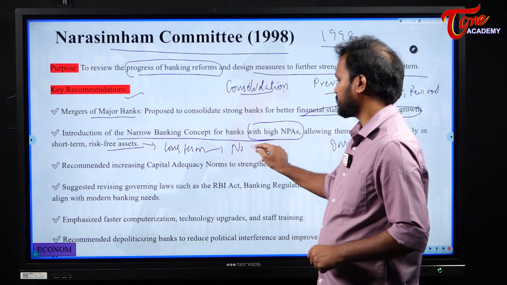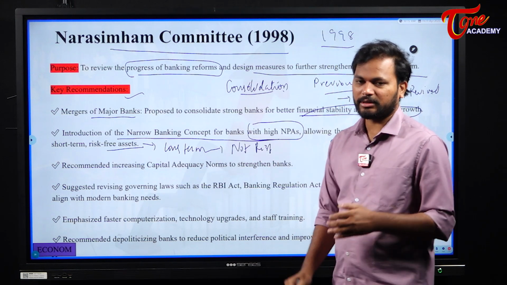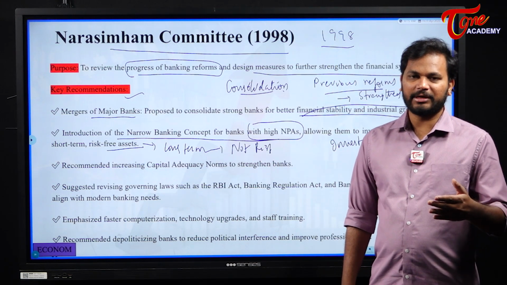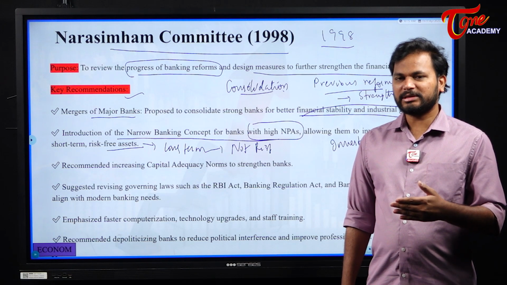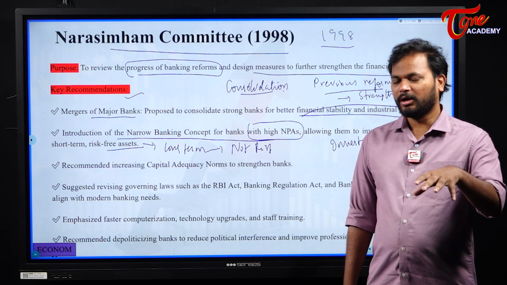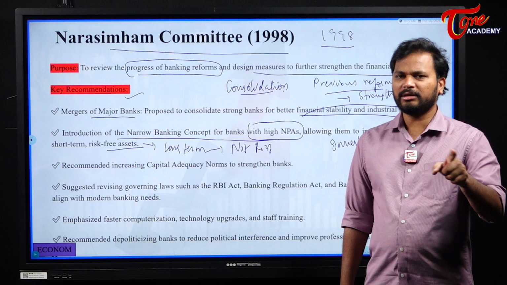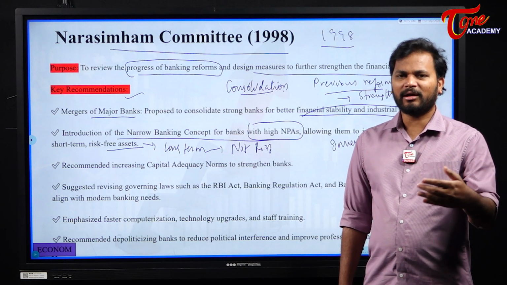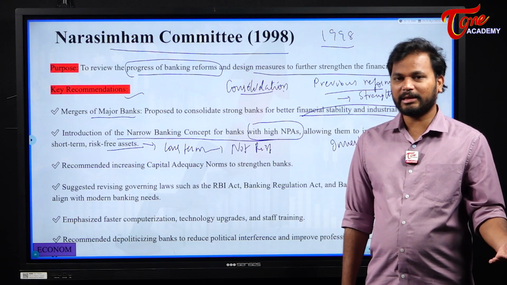See, as the asset has a long tenure, obviously the interest rate charged on that particular loan will be a higher percentage. But in the long run, it might be cleared or not.